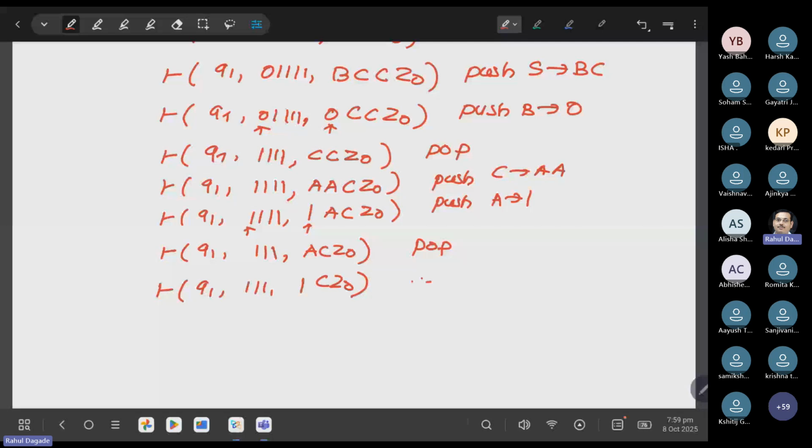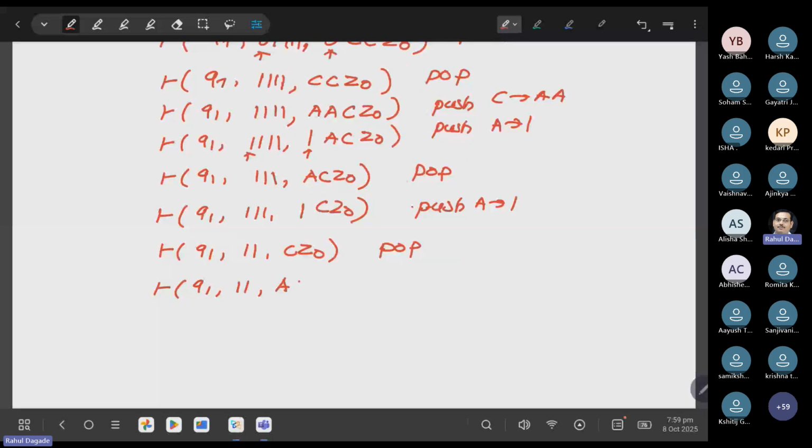Now this 1 is matching, so that is Q1 1 1 C Z0. So it is pop operation. Now again C push operation. So Q1 1 1 AA Z0, push C gives AA, and then finally Q1 1 1 A is 1A Z0.